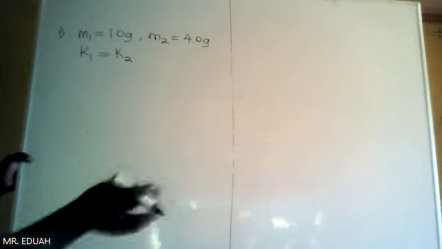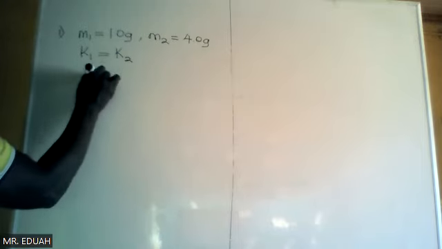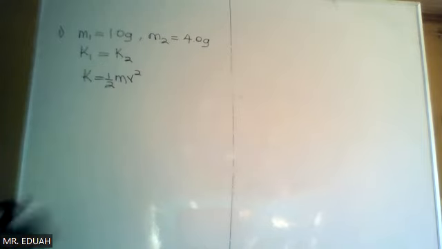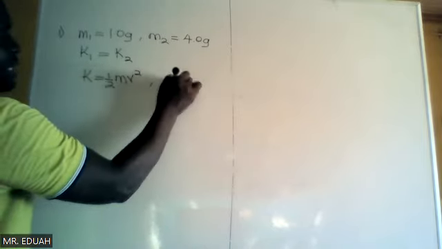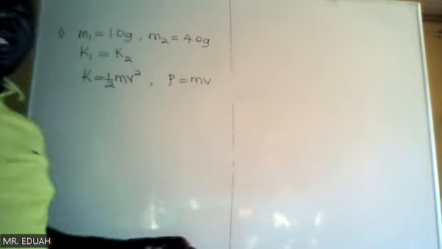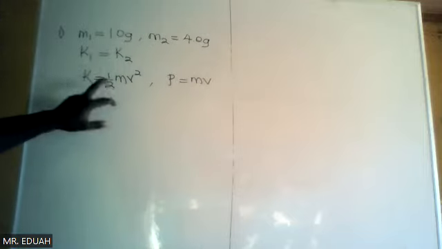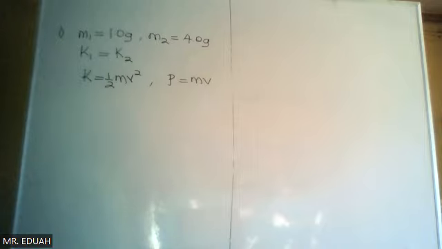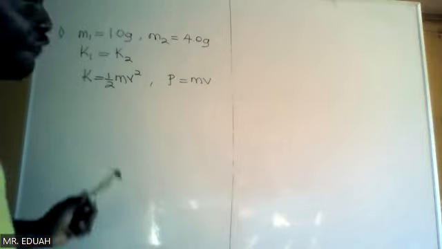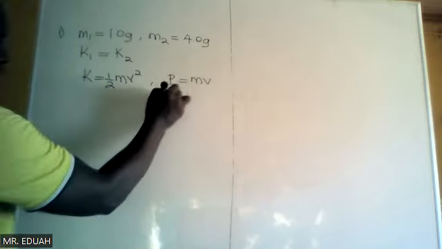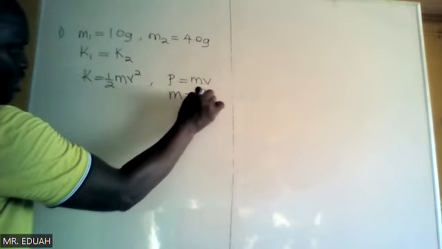There are two relations. Kinetic energy is half mv squared. Momentum P is equal to mv. If you make m the subject and substitute into this relation, you have one formula. If you make v the subject, you have another formula. So there are two possible equations connecting kinetic energy to momentum. Let's make m the subject and you have p over v.